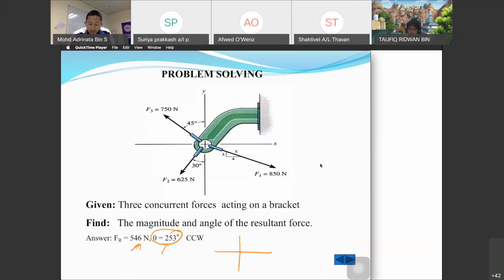So this is 180 plus 73. Your theta of the triangle when you calculate should be 73, and your answer should be from the positive x direction, counterclockwise. So that is the theta.